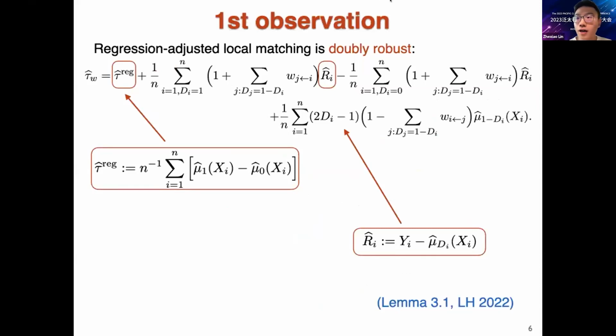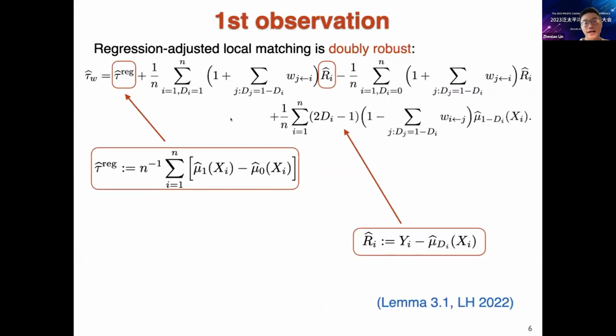Okay, so there are some observations for this estimator. The first very important property, I would say, is that our estimator is doubly robust. We can take a look at why.